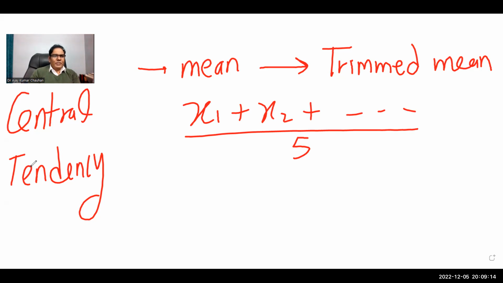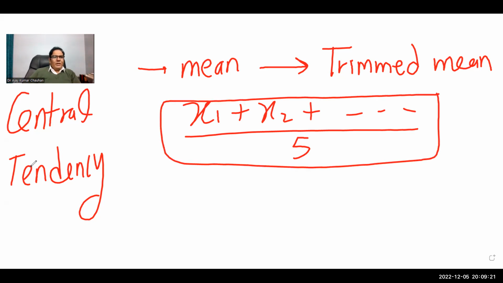So it is repeated. So we are having other formulas. So mean is representing the average value. But the problem with mean is that, for example, if I ask you to calculate the mean average salary of an employee in a company, and suppose the salary is found to be 60,000.